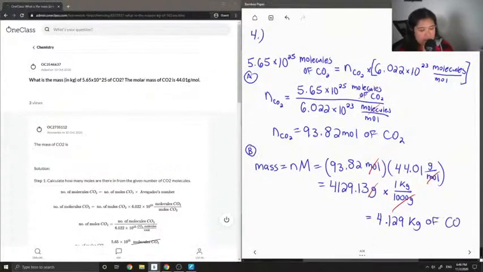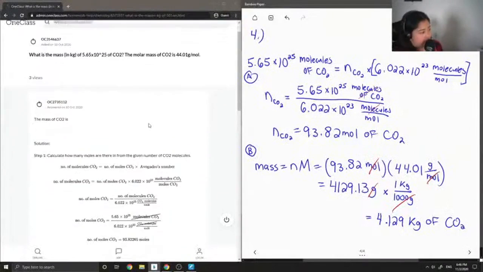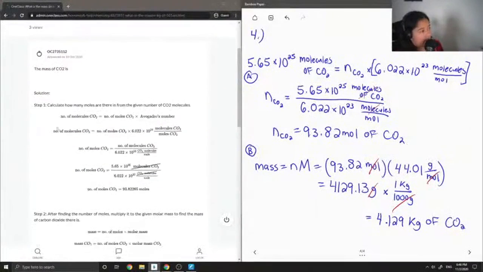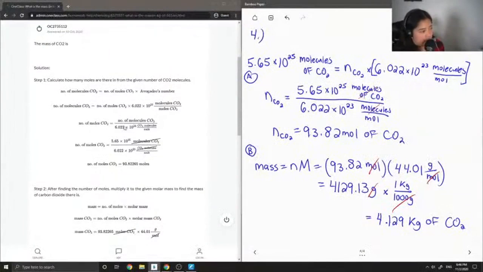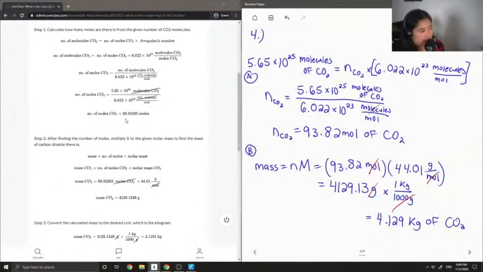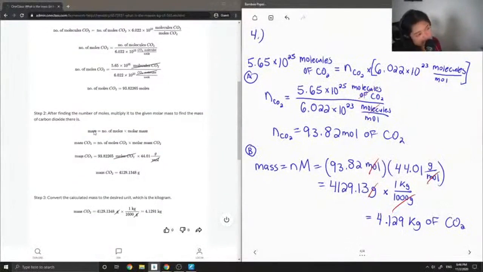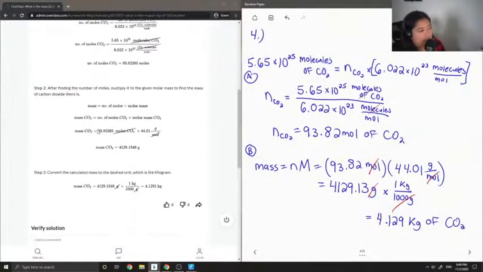Let's see the answer from our junior tutor. Step 1, calculate how many moles are there from the given number of CO2 molecules. So you can see that they divided by Avogadro's number to get 93.82 moles. After finding the number of moles, multiply it by the given molar mass to find the mass of carbon dioxide.